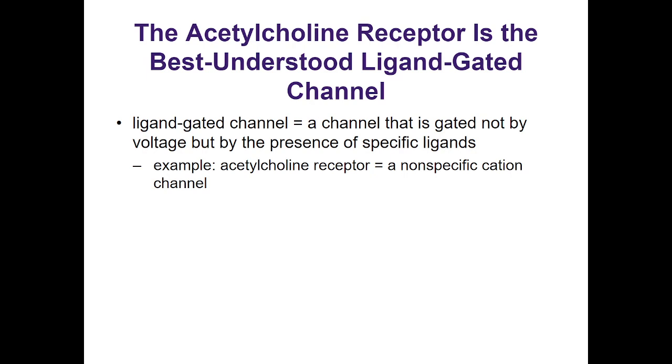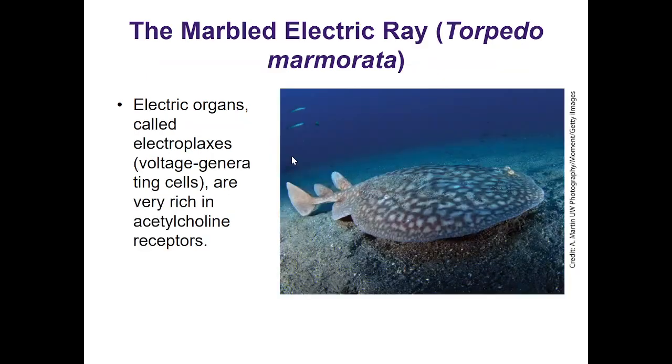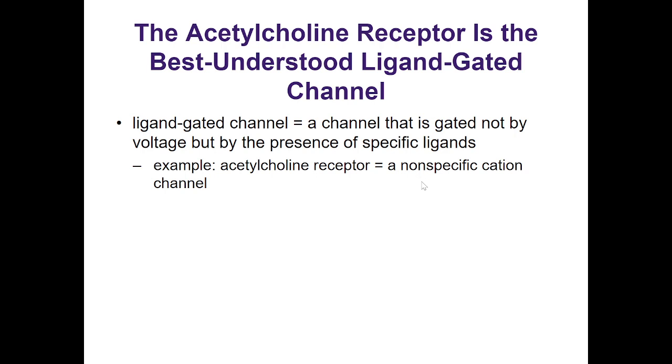This is a non-specific cation channel. What does non-specific cation channel mean? It has low specificity, right? Exactly. We could take different cations in, assuming they have the correct-ish size, okay? And they're cations, of course.